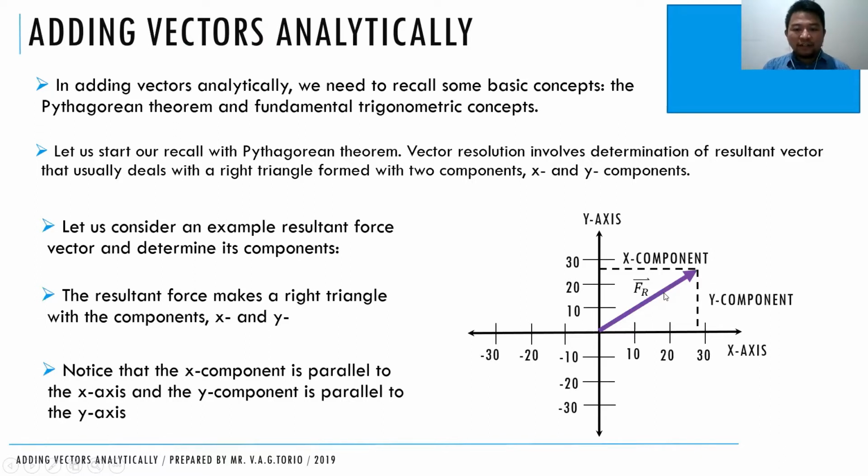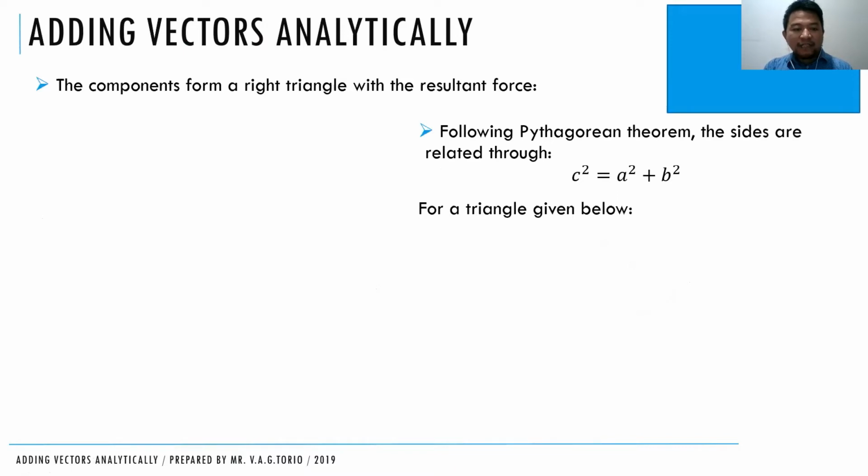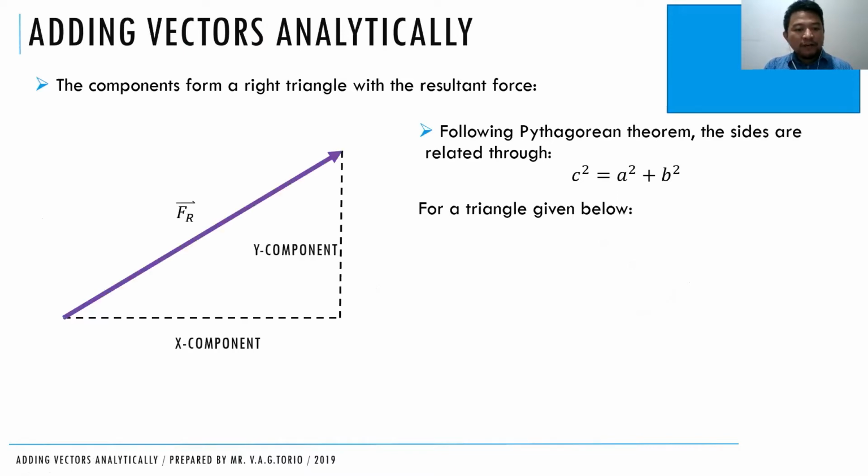So what you'd see on the screen as an example showcases a vector that's projected along the x and y axes. Now, the example that we have seen in the previous slide follows the relationship for the Pythagorean theorem. This particular triangle is a right triangle, although it's not labeled.